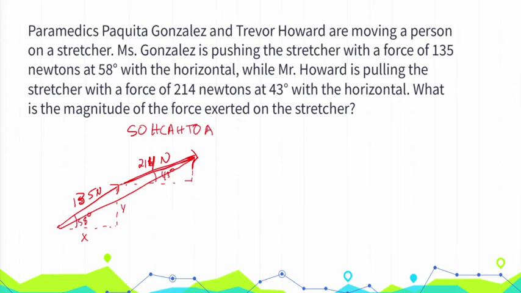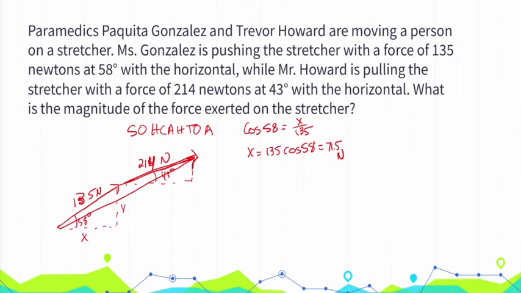The x is the adjacent side, so we're going to be using cosine. Cosine of 58 degrees equals x over 135, which means that x equals 135 cosine 58, which is 71.5 newtons.